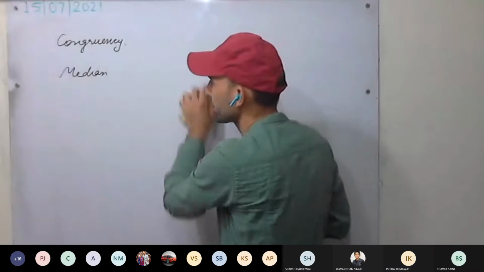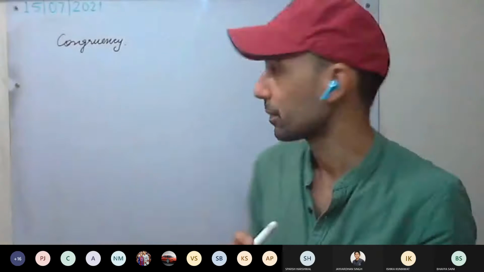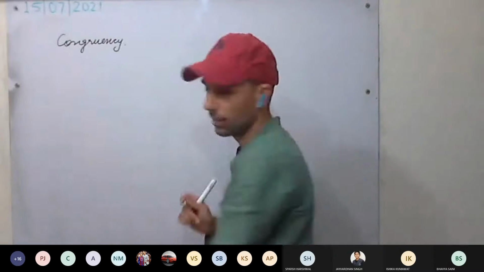Altitude, as you all know, is the perpendicular, or we usually rename it as height. How do you take the height? Perpendicular to the base.